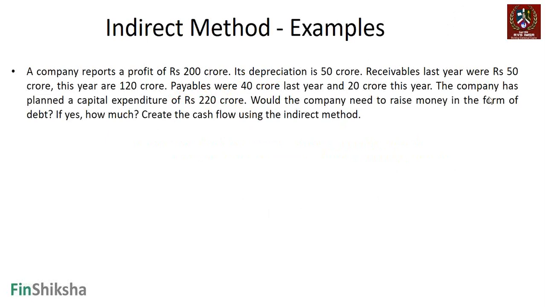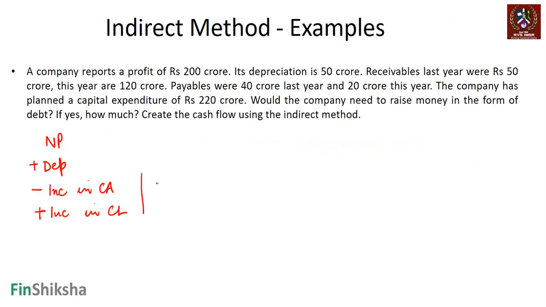So now we need to basically identify the cash flow using indirect method. When we are doing the cash flow using indirect method, remember we start with net profit, we add depreciation. Remember we had seen we remove an increase in any current assets, we add an increase in any current liabilities.